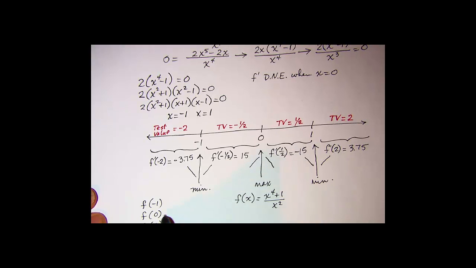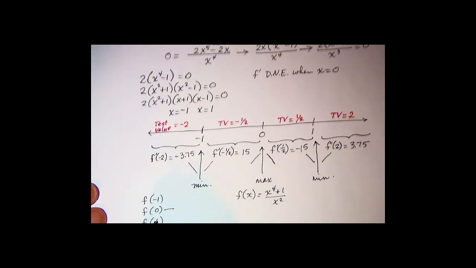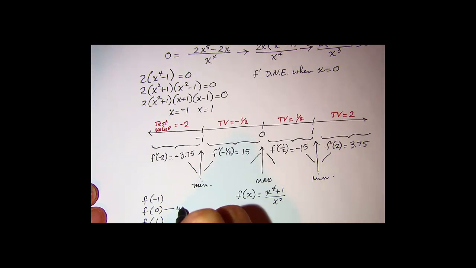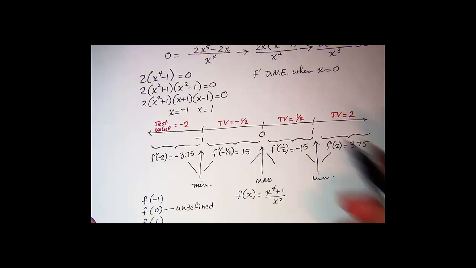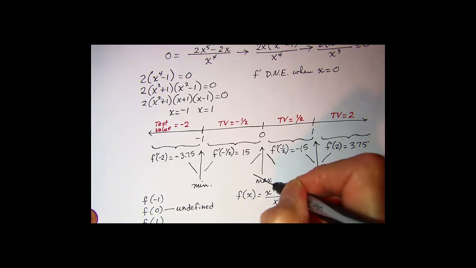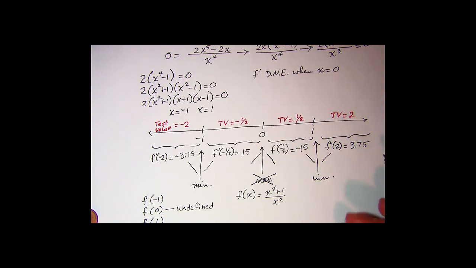Notice that at 0, when x is 0, our function is undefined. So this is an asymptote. We're not going to have a maximum because we have an asymptote at x equals 0.